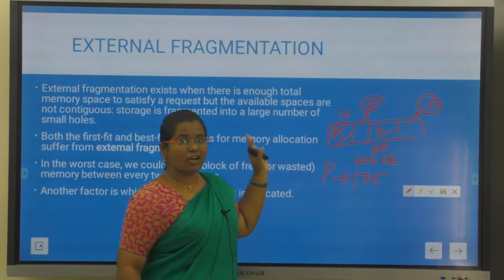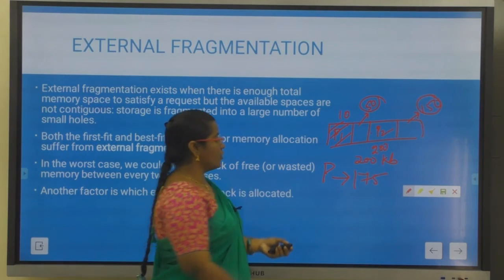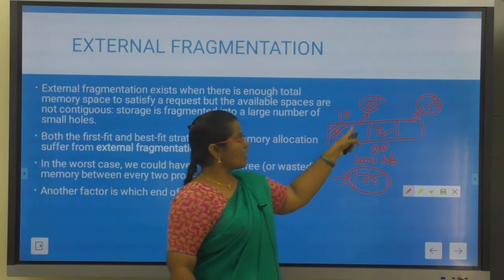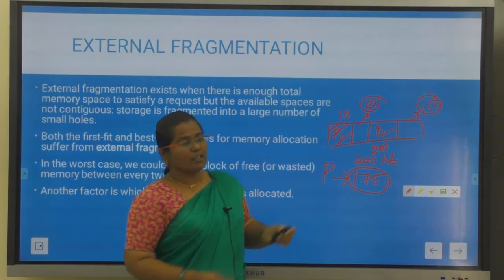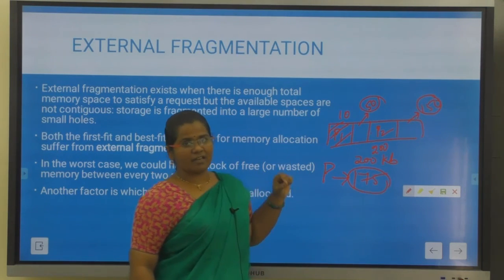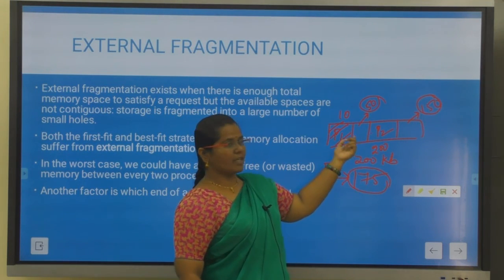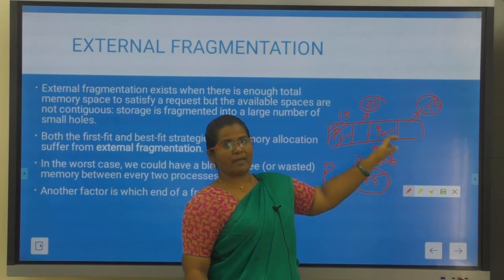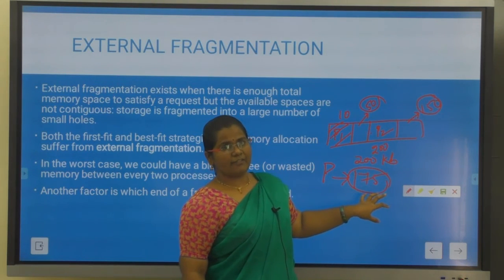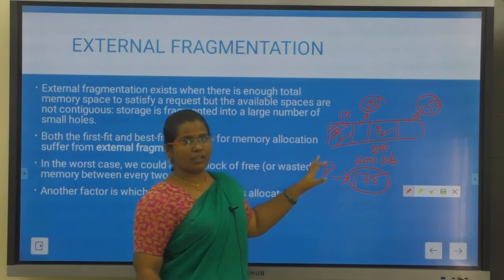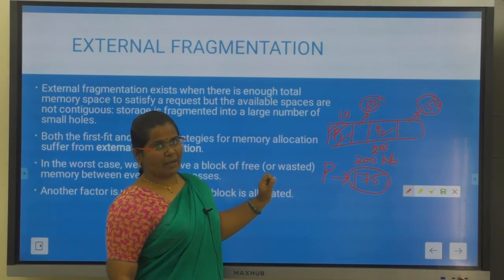But since this is contiguous memory allocation, I need to accommodate 175 KB at one place, which is not available in my main memory. So external fragmentation occurs in such a situation where you have enough memory free in your main memory, but you cannot accommodate that free memory to your process at the same place. That is what you call external fragmentation.